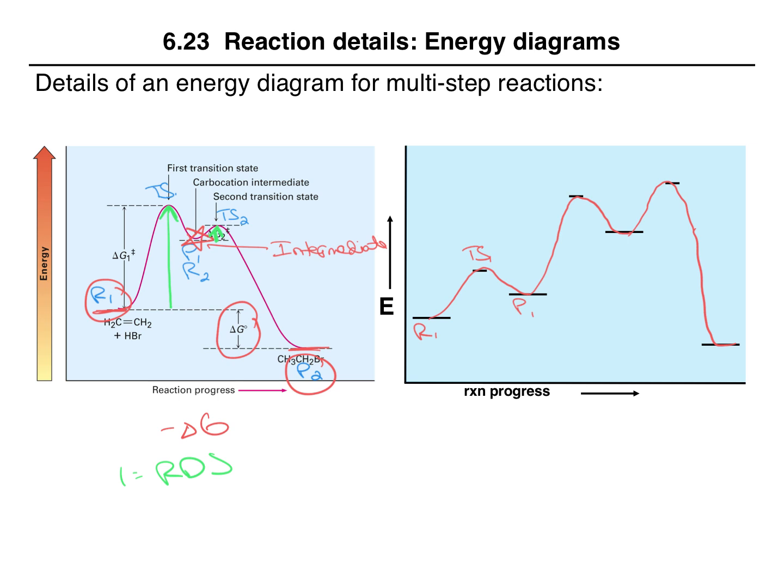So reactant 1 to product 1, reactant 2, transition state 2, product 2, reactant of step 3, transition state 3, and product 3. So this is step 1, this is step 2, and this is step 3.